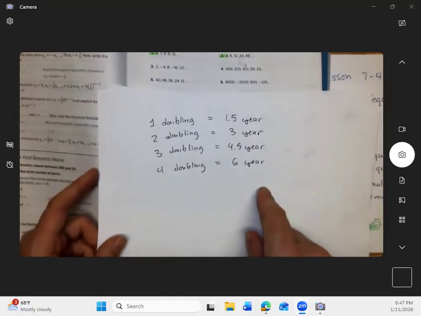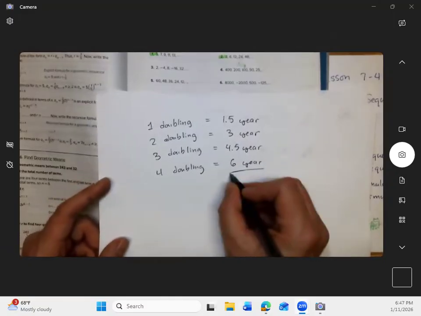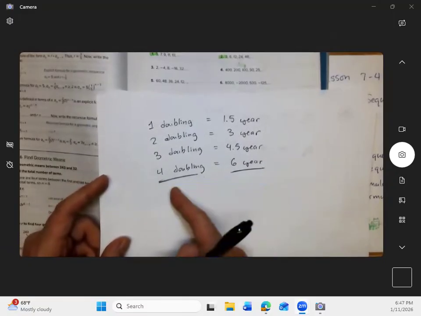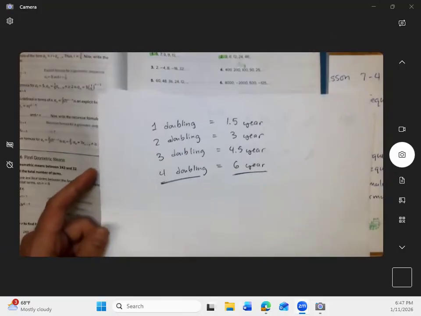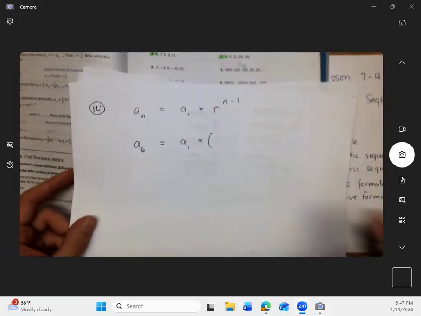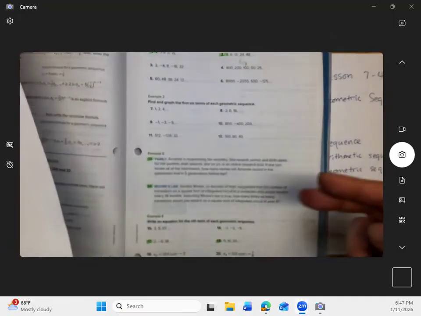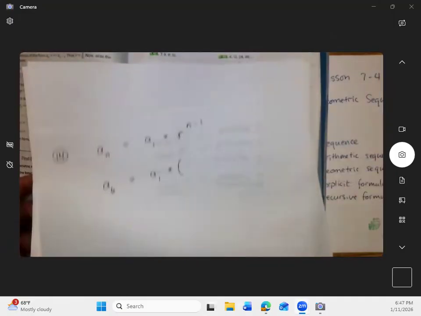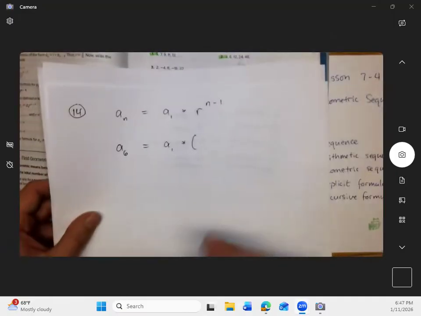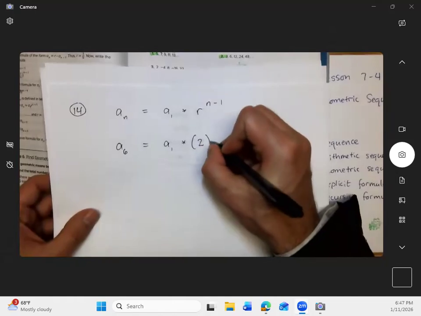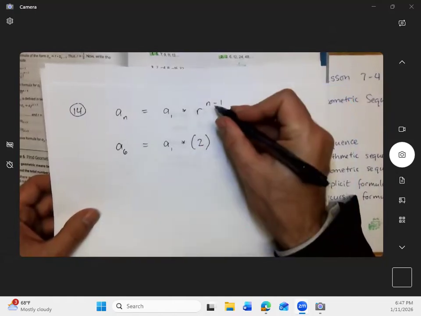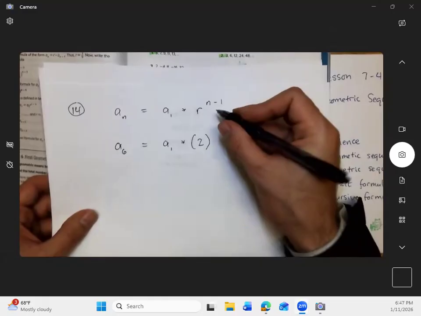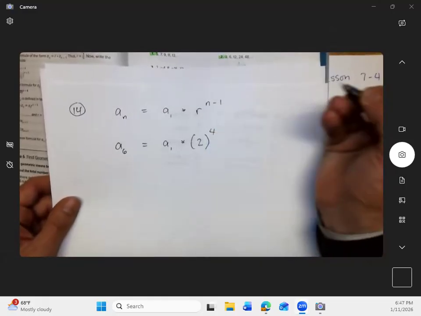So if I do it that way, then when they say at the end of year six, we're really talking about four doublings. This is a different way to think of it. You have to reconcile months and years and doublings. So we'll take R to be 2, but then n, for 6 years, is not actually 6. It's actually four doublings.